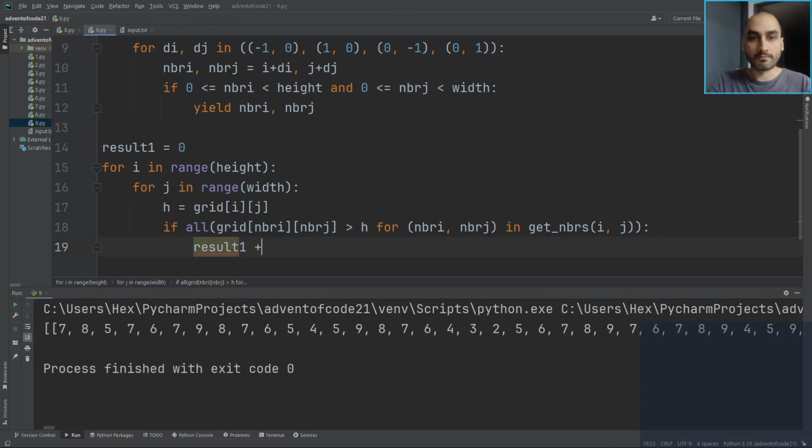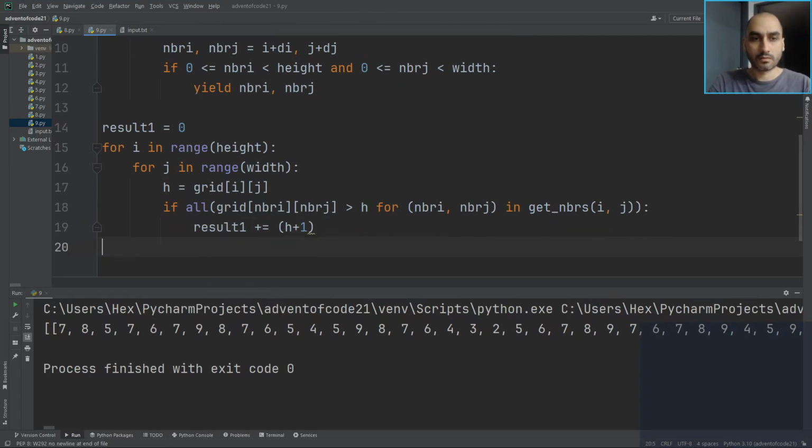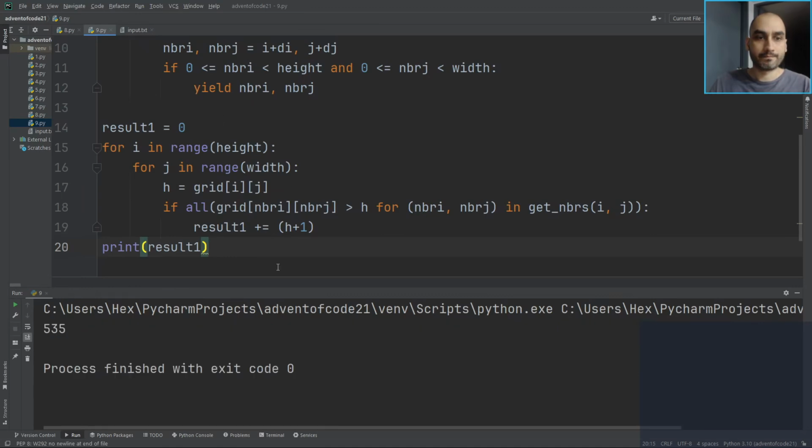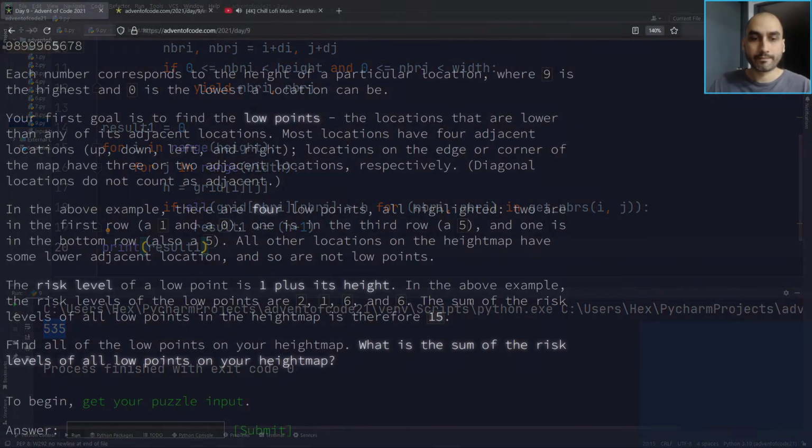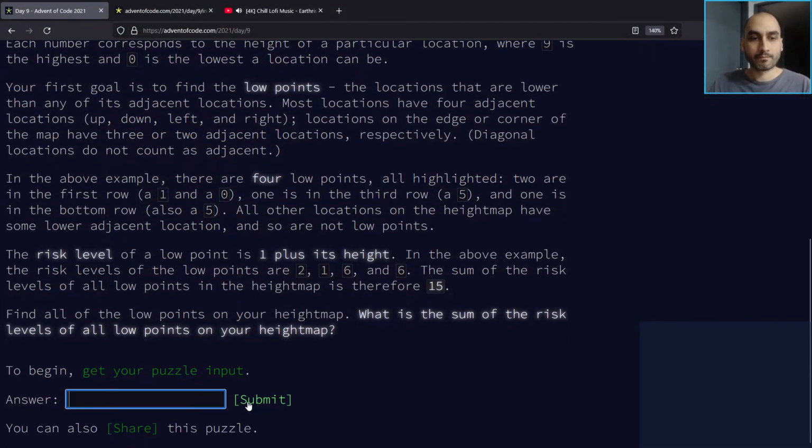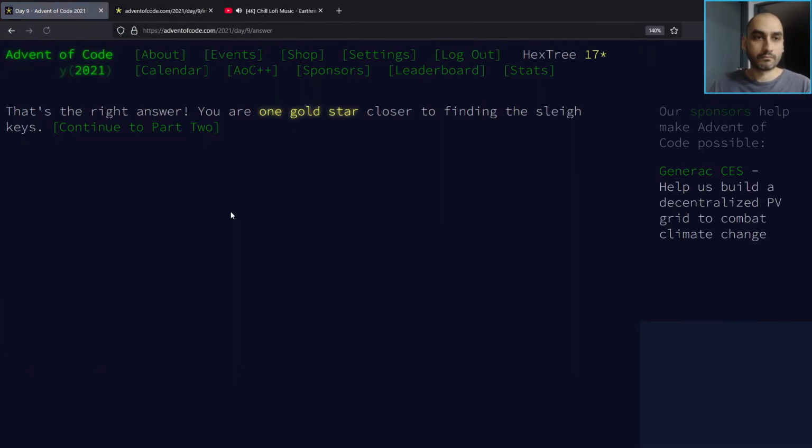Result 1 plus equals h plus 1. Print result 1. 535. Correct.